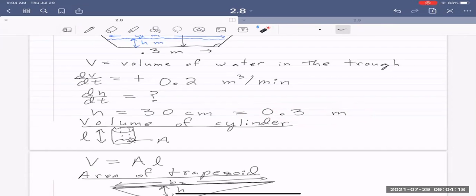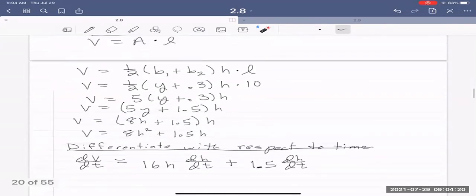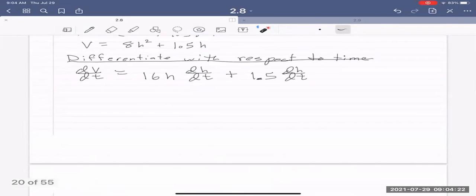Okay, so let's do that. dV/dt is 0.2. h is 0.3.